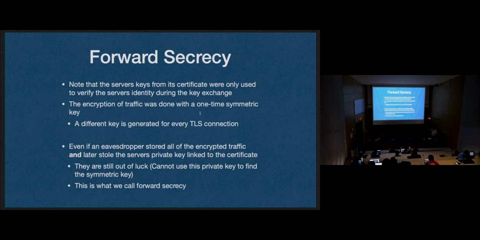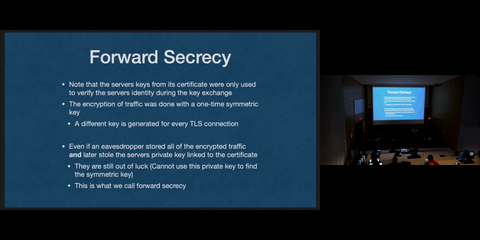So now, say later on down the road, somebody's able to crack that certificate or hack the server, get their private encryption key that's associated with that certificate. Seems pretty bad, but what can they actually do with that? Say they were eavesdropping earlier, they eavesdrop on your key exchange, and they get all of the encrypted traffic after that.